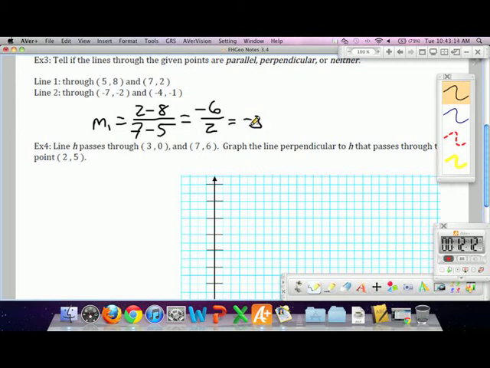Slope of our second line: -1 minus -2 over -4 minus -7, minus the negative is the same as plus, which is 1 over 3.